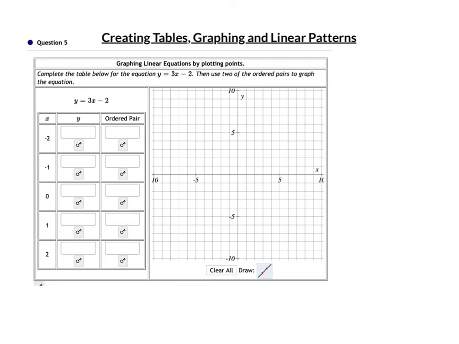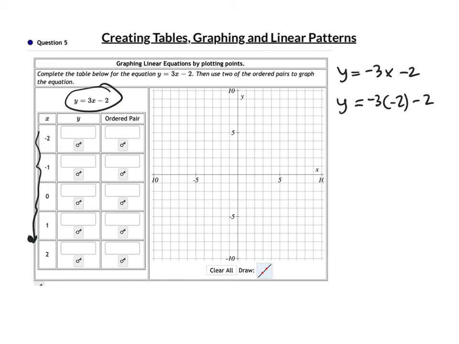In this question, we're going to graph, but we first of all have to create the table. Take your equation, y equals negative 3x minus 2, right here, and take these x values and plug them in. Y equals negative 3 times negative 2 minus 2.